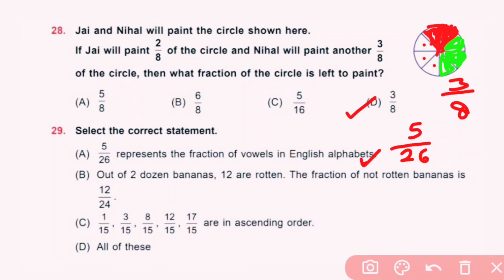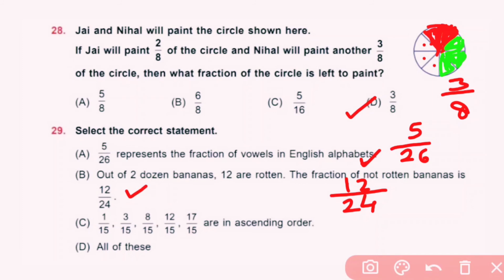Option B. Out of 2 dozen bananas, 12 are rotten. The fraction of not rotten bananas is 12/24. 2 dozen means 24 banana, and out of 24, 12 are rotten means remaining are not rotten. So remaining means 24 minus 12 is 12. So this option is also correct.